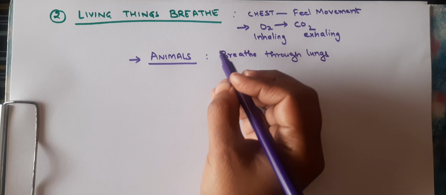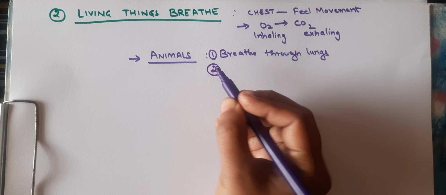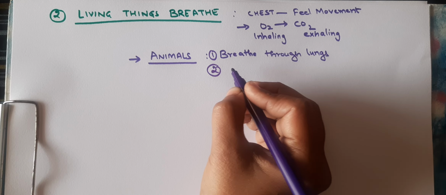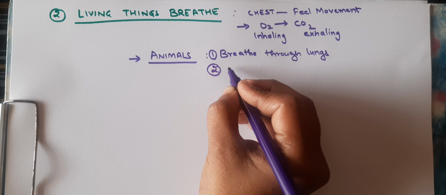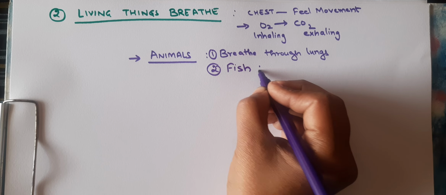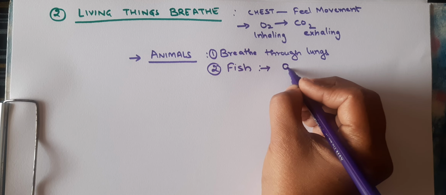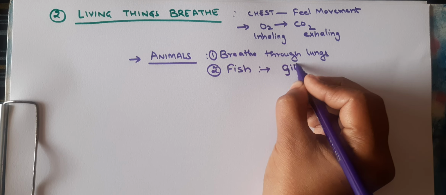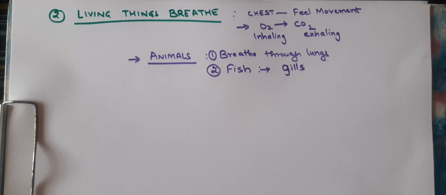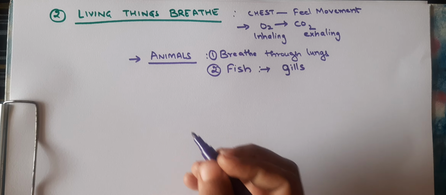All the oxygen we inhale will go to the lungs, okay? Fish, what will they do? The fish in the water will inhale the oxygen using gills, okay? So they have specific organs, gills, to breathe, okay?